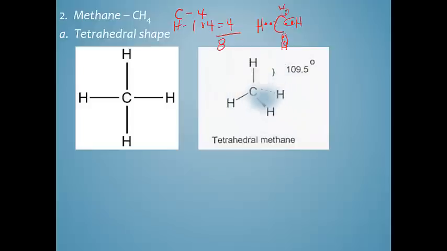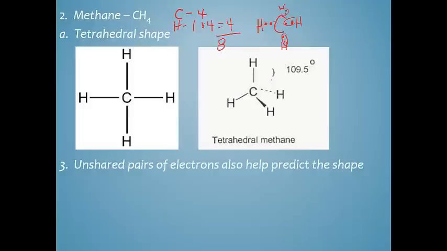What methane really looks like is this, and so you see that you have a hydrogen pointing up, one a little bit back, one forward, whatever. Each of these angles is roughly about 109.5 degrees, so that each of them is an equal distance away from each other. Now, when you have unshared pairs of electrons, those can also help predict the shape.